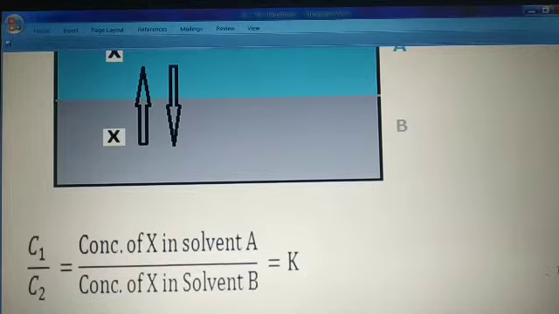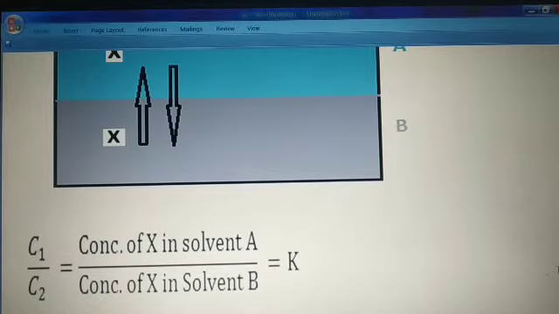So that is the dissociation. So Nernst law is only applicable to the same molecular state of the solute. It should not undergo association or dissociation. If it undergoes association or dissociation, then the formula concerned regarding the Nernst law changes as per the degree of association or degree of dissociation.